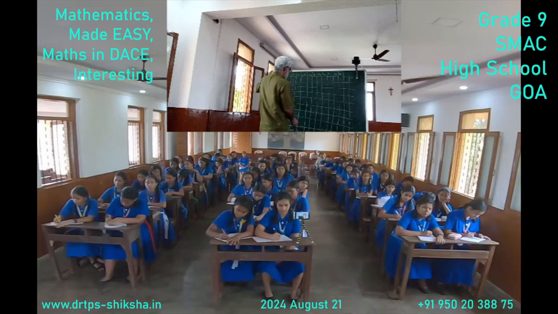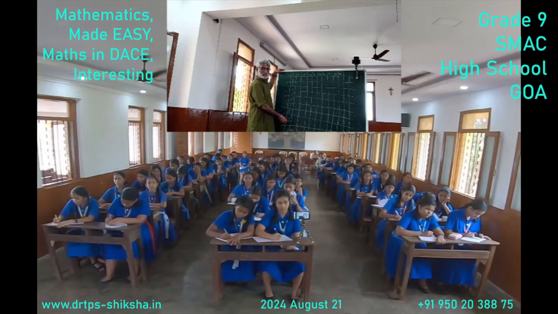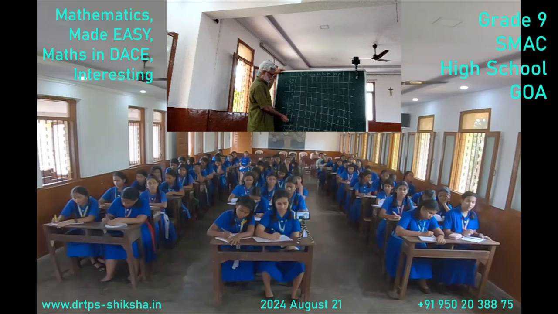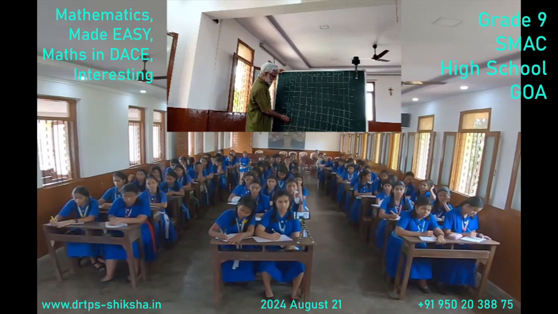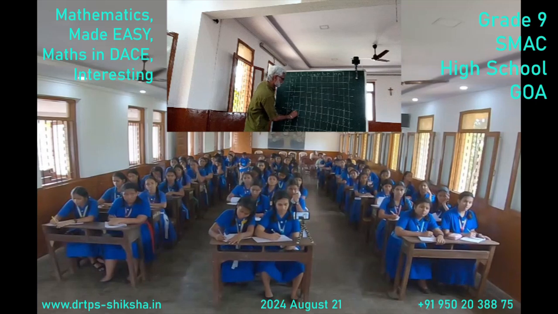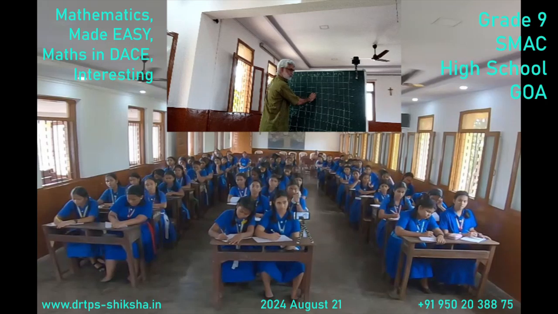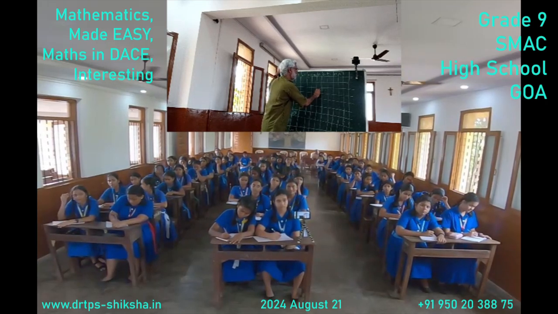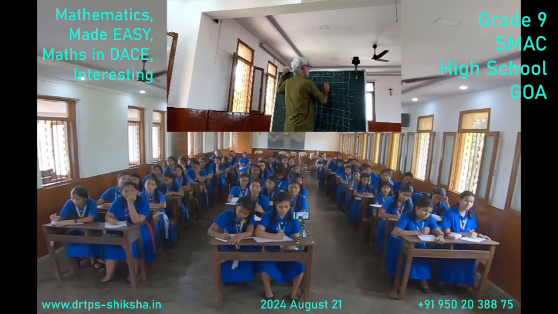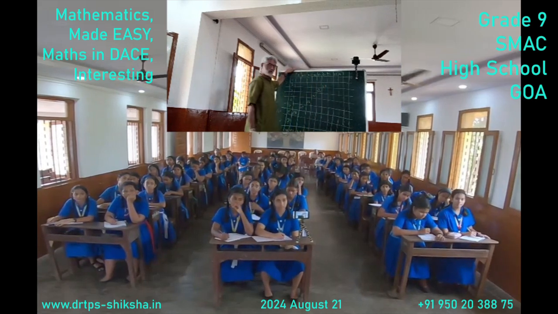What you do is multiples of 9. Multiples of 9, you will see 9, 18, 27, 36, then 45, 54, 63, correct? Wrong?